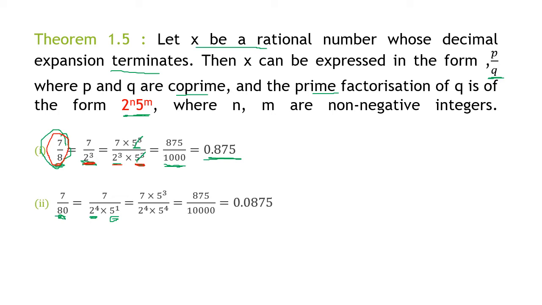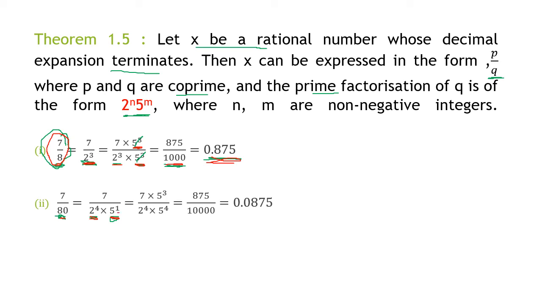But if I multiply the denominator with 5 cube, I have to also multiply the numerator with 5 cube, so the value remains unchanged. So 5 cube into 7 is 875, and 875 upon 1000 is 0.875. Same way here, we had 80. Now 80 is written as 2 raised to 4 into 5 raised to 1. So we have got 2 raised to 4 and 5 raised to 1.